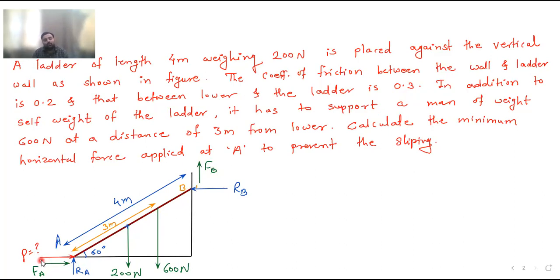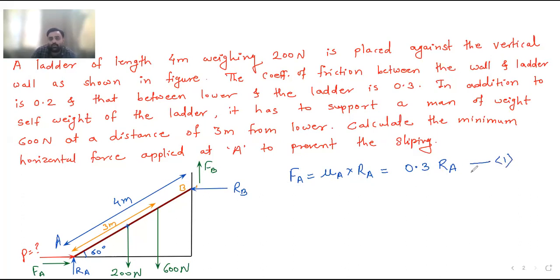Okay. So now first of all, I will write the relations. FA is equal to mu A into RA. Mu A is 0.3, so it will be 0.3 into RA. This is our equation number 1.